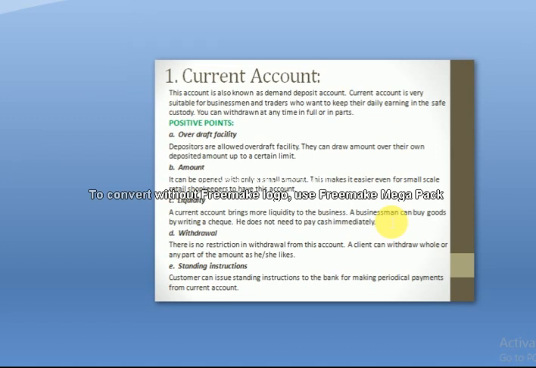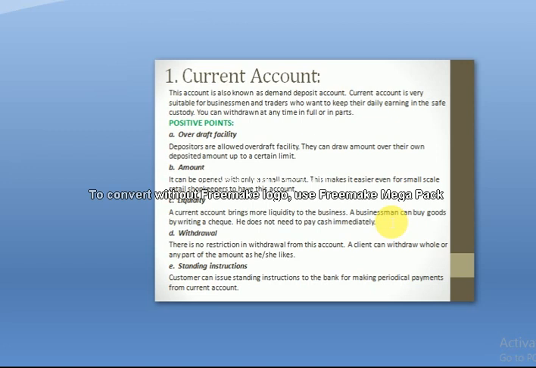At any time in banking hours we can deposit unlimited amounts in these accounts. Similarly, we can withdraw those deposits without any restrictions.